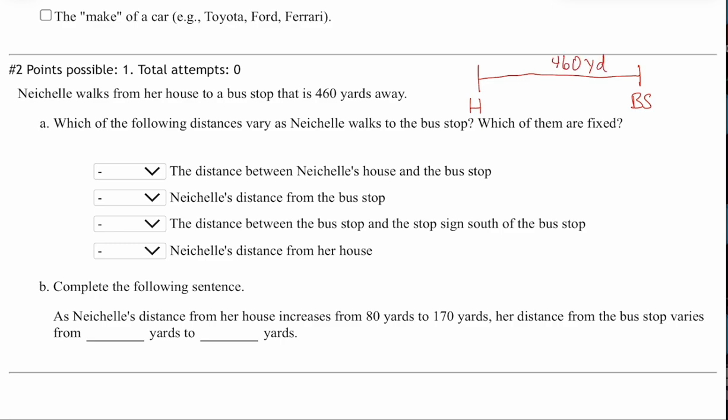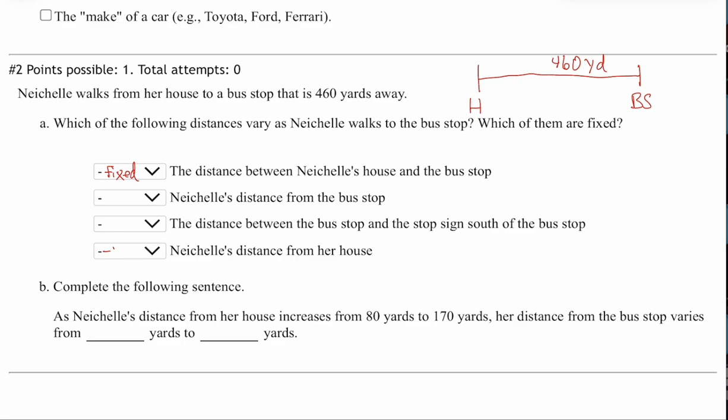Which of the following distances vary as Nichelle walks to the bus stop, and which of them are fixed? Well, the distance between Nichelle's house and the bus stop, that is something that never ever changes. So that is going to be fixed. Oh, I'm sorry. Put it in the wrong spot here.